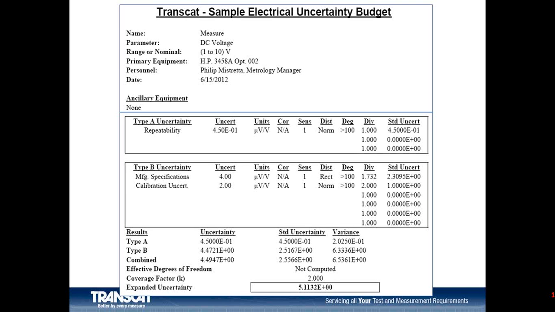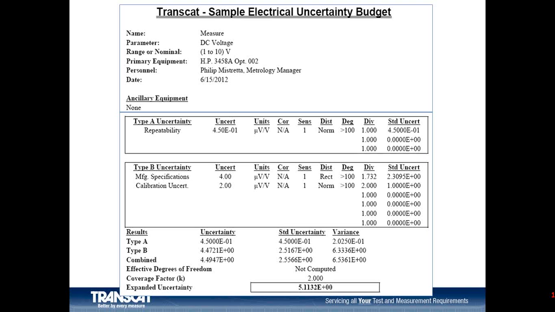If in the budget we have an allowance for certain parameters, and then when we operate the system, we maintain controls on the process to ensure that this parameter and that parameter are within the budgeted values, then this uncertainty budget, expanded uncertainty, is considered representative of that process.